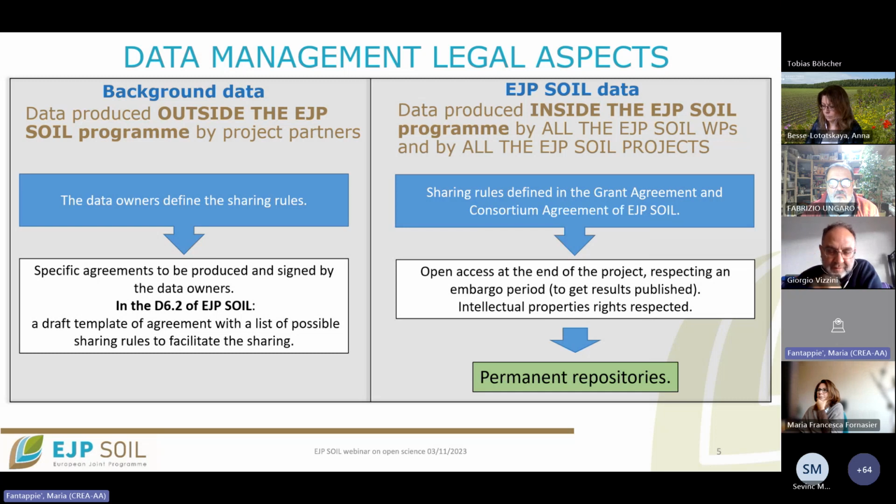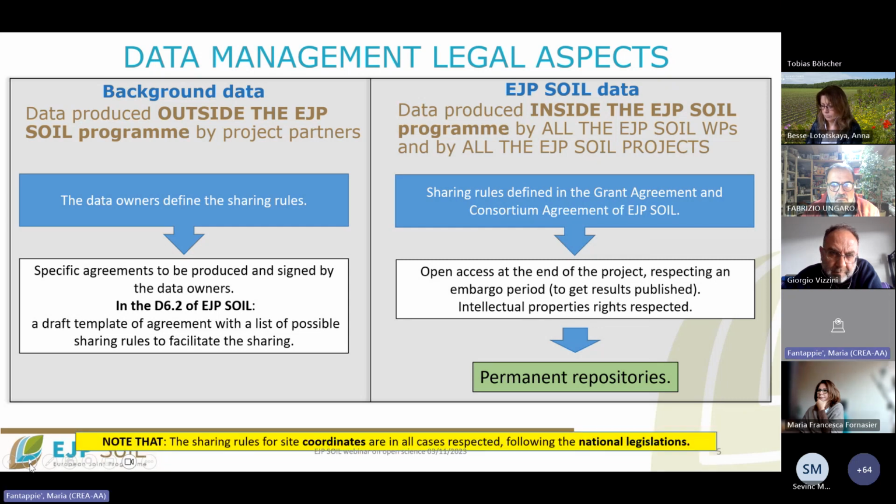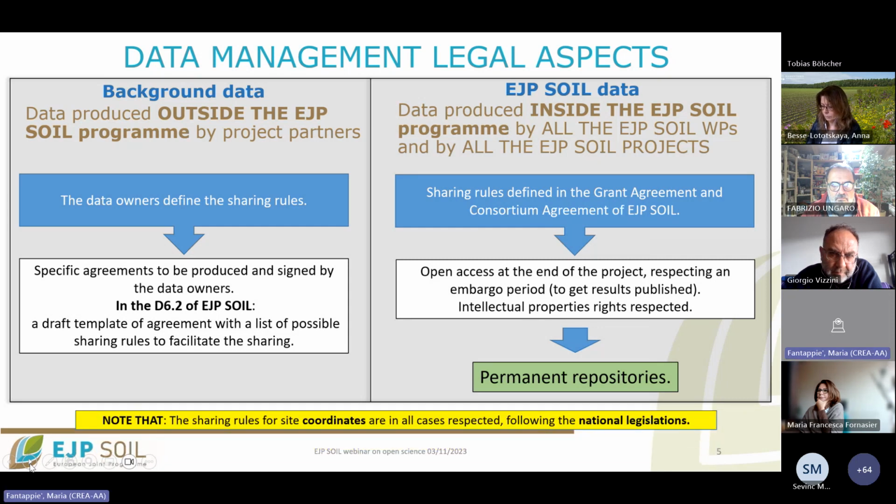In the case of background data sets, you are not obliged to follow the FAIR principles. You should just use the rules that the producer of the data set has given. And there is also the topic of coordinates, which follows national legislation.